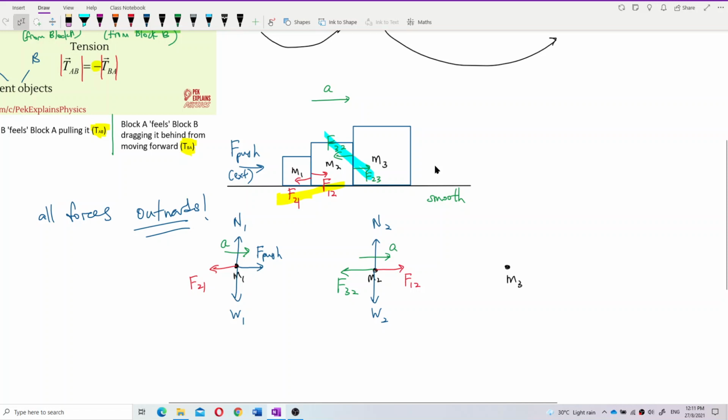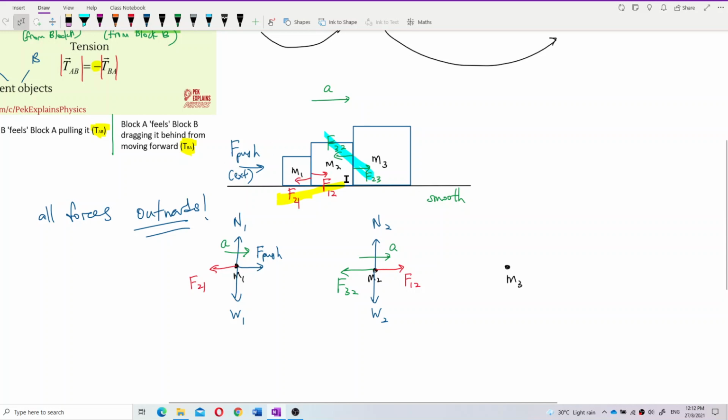That's it. There's no pushing force here. You see, the pushing force is only on mass 1. Mass 2 didn't experience the pushing force. What mass 2 experienced is just F12. That's why I say it is mass 1 who pushed mass 2, not the pushing force.